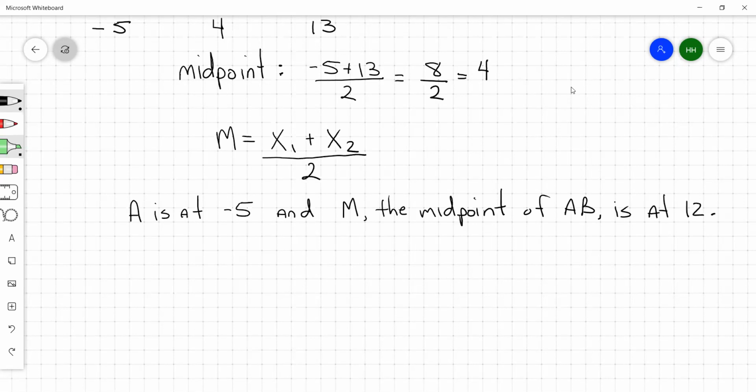A is at -5 and M, the midpoint of AB, is at 12. What is the coordinate of B?